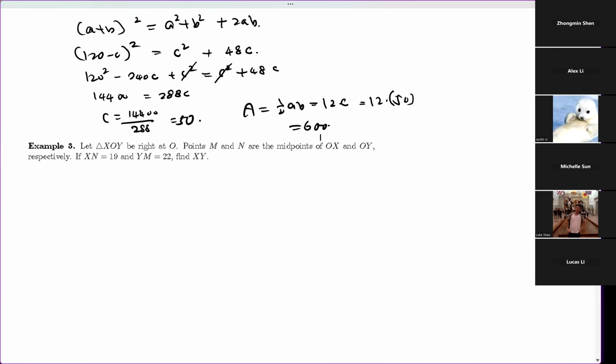Right. So let's take a look at this problem. You probably have to draw the picture here. It's a right triangle, XOY.